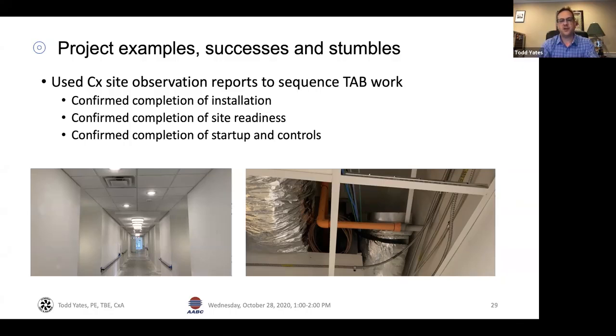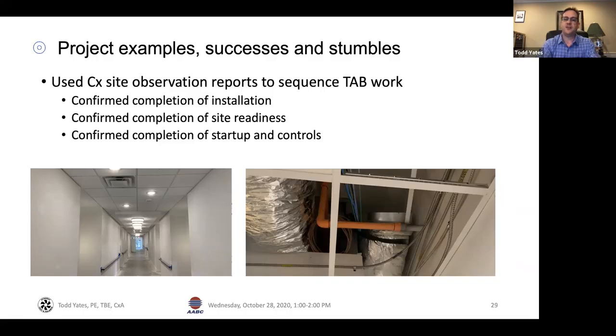Now, no project is perfect, and we don't expect that, but by working early with the commissioning provider, we were able to avoid a lot of these pitfalls. And even sometimes we're not depending on the commissioning provider to tell us everything about the project. We're looking at their reports.